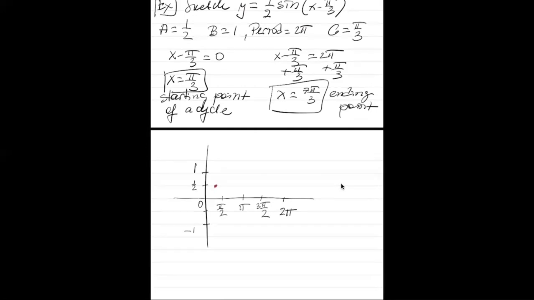So this is our first point right here. Then everything is shifted pi/3 basically. Then the point is going to be over here when it touches, all the way down would be here, then back here, and we're ending a little bit to the right of 2 pi. So this is 1 period of our function.